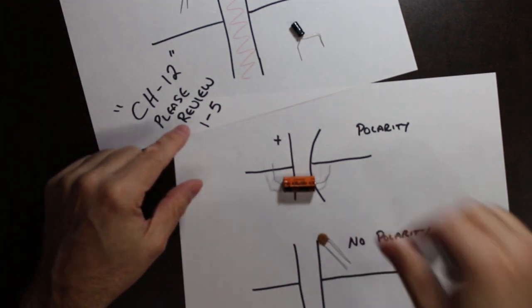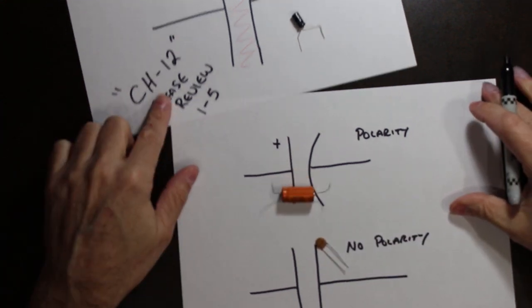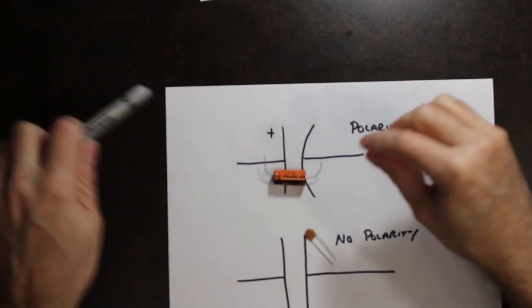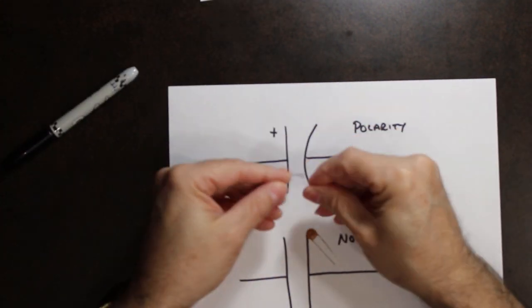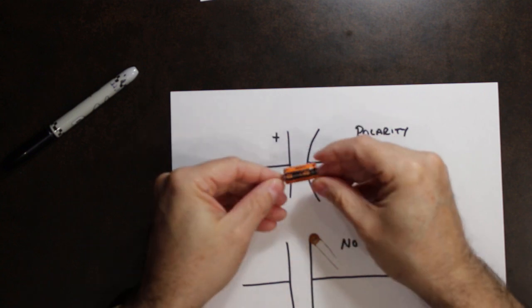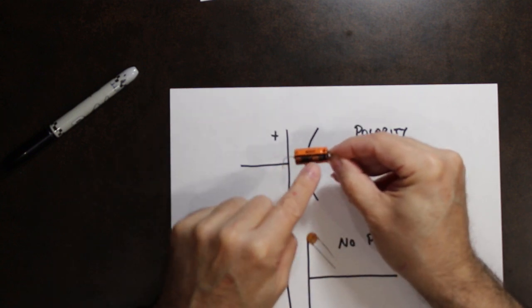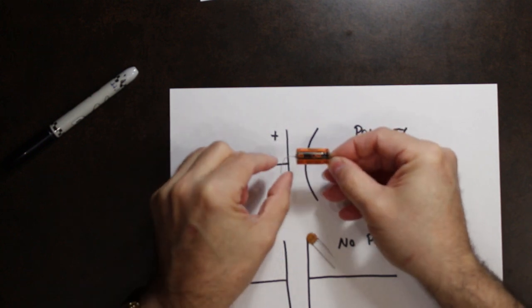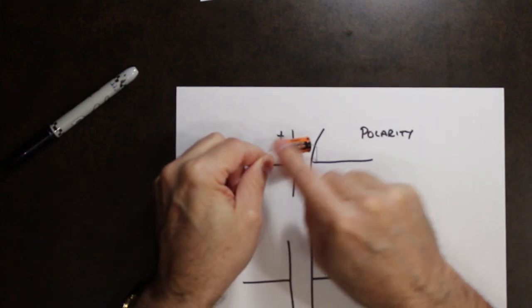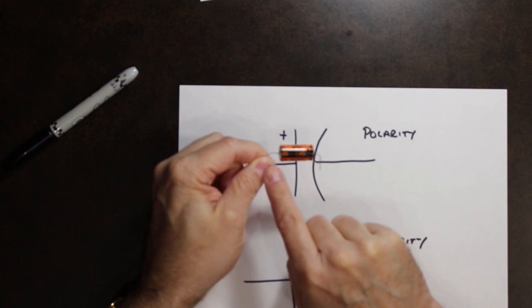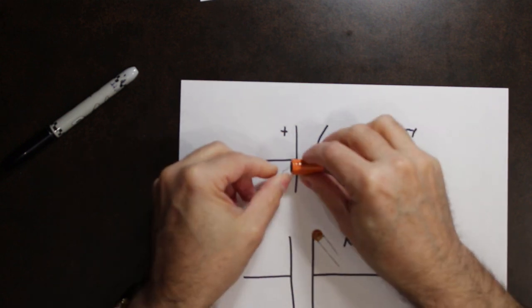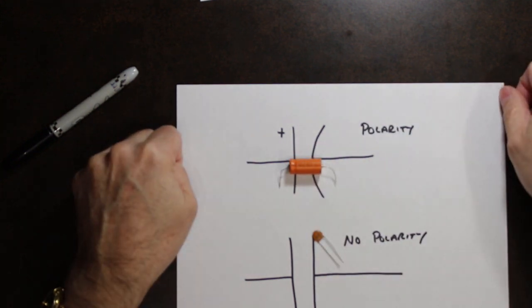This is a regular capacitor without any kind of polarity. If you look at this capacitor right here, you'll see there's a black line with some arrows and a negative symbol pointing in this direction. That means this lead on this side is the negative lead. This is the positive. So it would go like this in my circuit.